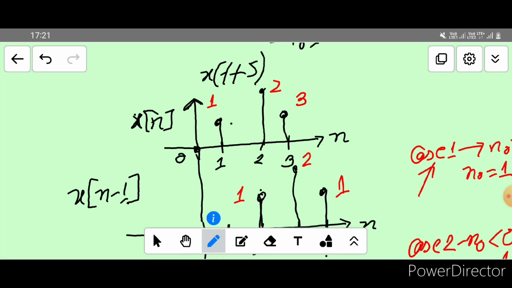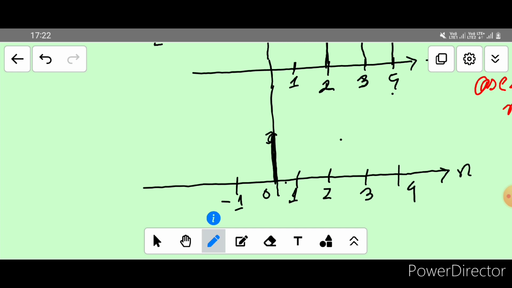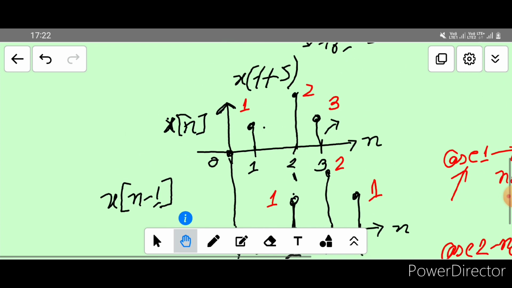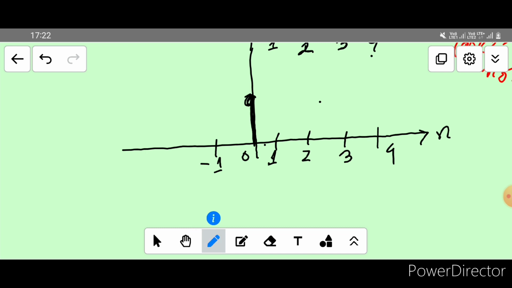X of 2 at n equal to 2 will now be shifted one unit to the left, that is at n equal to 1, and x of 3 at n equal to 3 will be shifted to n equal to 2.